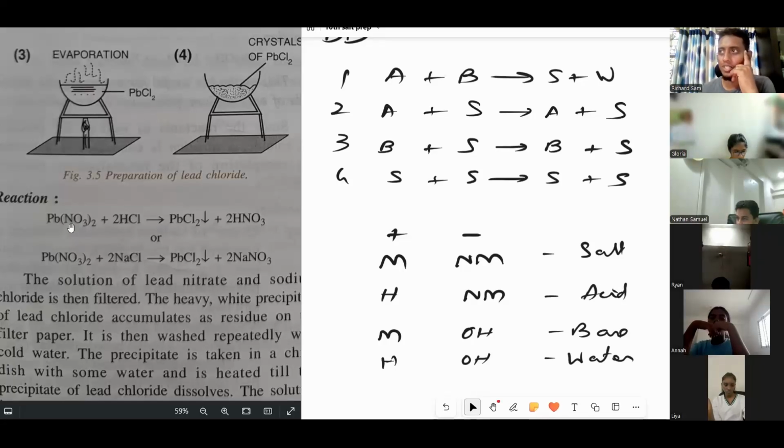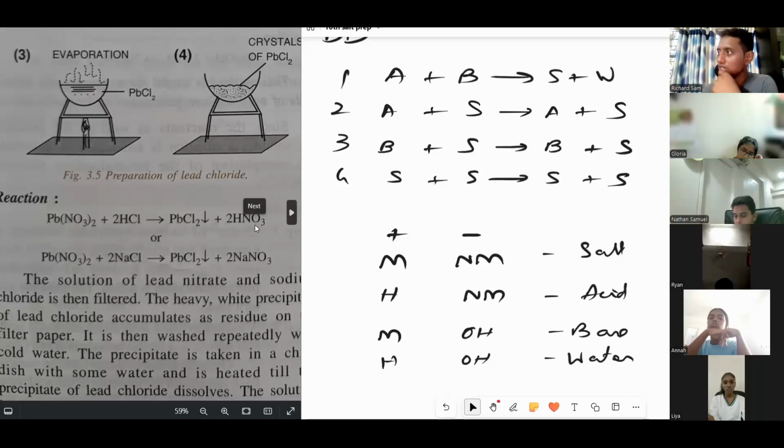Pb, why NO3? Because that NO3 is producing the acid HNO3. And HNO3 should be more volatile than HCl. So we need an acid that is more volatile than HCl. So which are the acids more volatile than HCl?